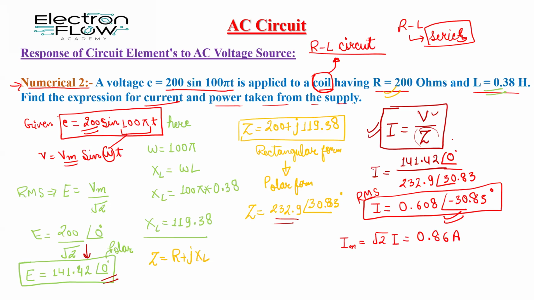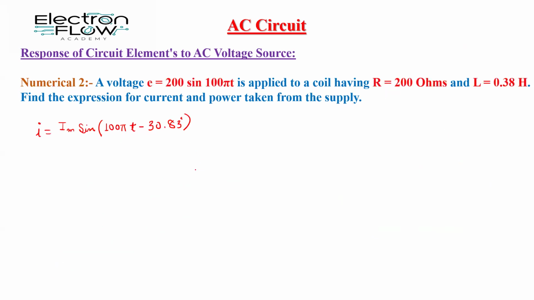So the equation of the current will look like this: by putting those values, Im is equal to 0.86, sine (100 pi t minus 30.83). In the place of omega t, this we will not change.